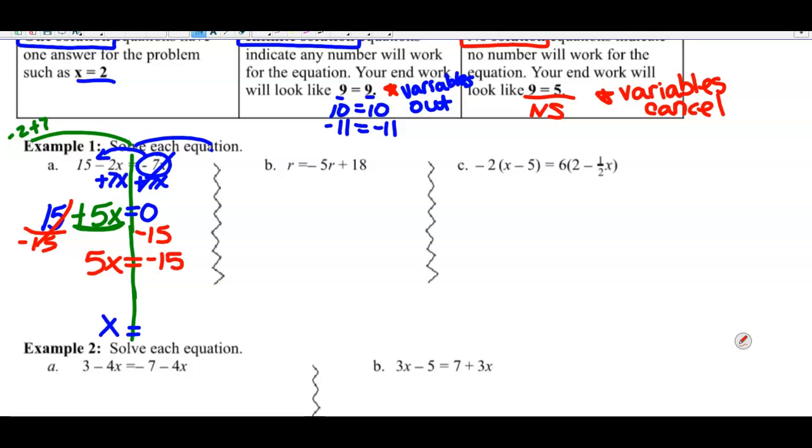And then my last step, again, get rid of multiplication or division. This says 5 times x. I'm dividing by 5 because it's the opposite. That cancels out. I get x equals negative 15 divided by 5 would give me negative 3. And I'm done. And as you can see, that's why I took my variable term to the left-hand side.